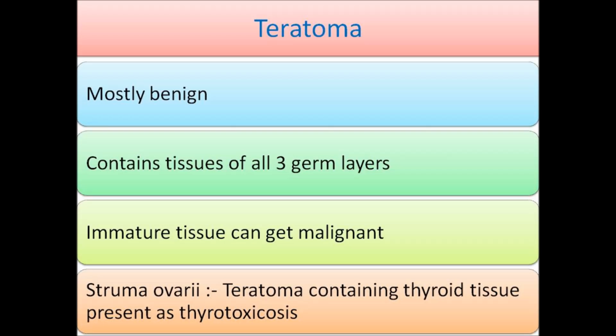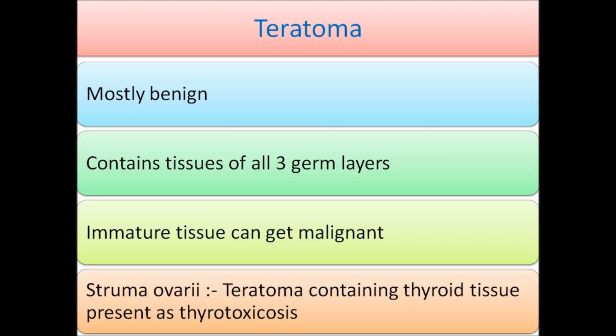The second way by which we can have a malignancy with teratoma is that these somatic tissues, the skin, the bone, themselves can undergo malignancy. And the most common type is the squamous cell carcinoma of the skin of teratoma. So teratomas by themselves are benign, but if they contain immature tissue, they can get malignant, and the somatic tissues within themselves may undergo malignancy.